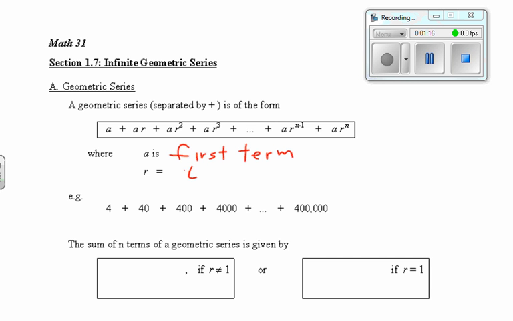Well, you can take any term, Tn, and divide it by the previous term. The previous term subscript is n minus 1. So any term divided by the previous term. So you can take the second term and divide it by the first one, or the third one and divide it by the second one. It doesn't matter, any particular term. Okay, so this is called the common ratio.